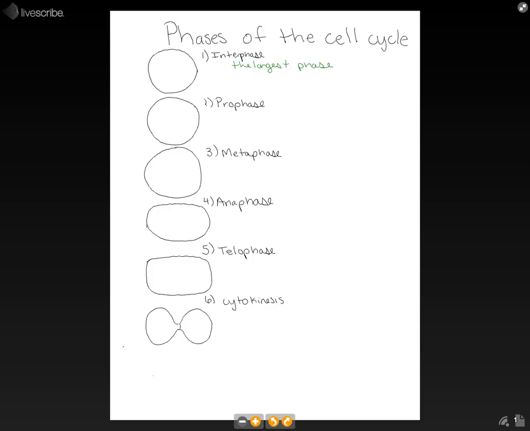And it can be divided into 3 parts. That's G1, or gap 1, where the cell just grows. There's the S phase, or synthesis, where our DNA is replicated.